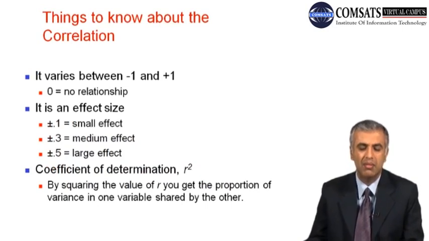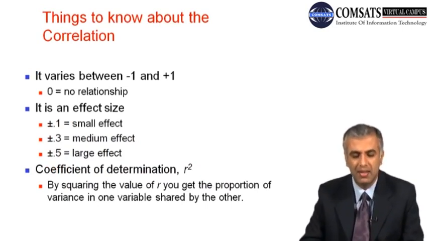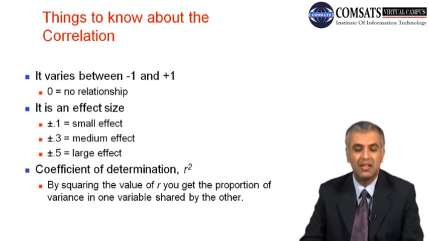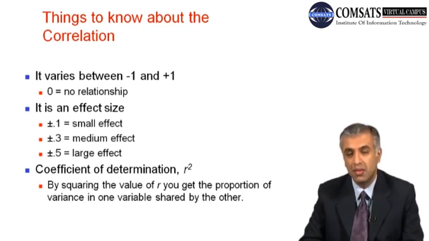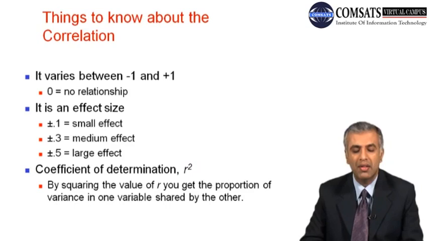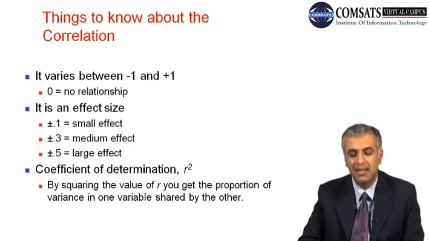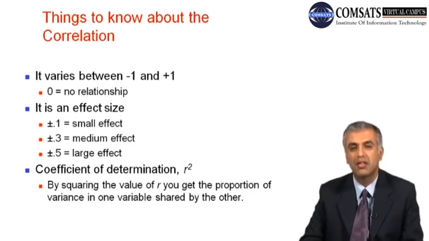So what we know is that the correlation coefficient ranges between -1 and 1, and 0 is no relationship. As for the effect size, plus or minus 0.1 is equivalent to a small effect, plus or minus 0.3 gives us a medium effect, and plus or minus 0.5 or larger is a large effect.